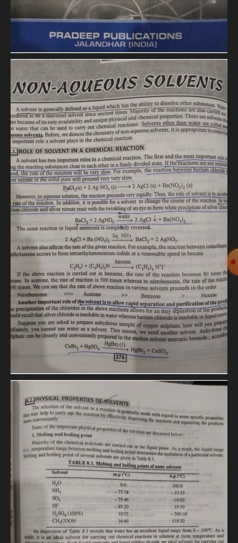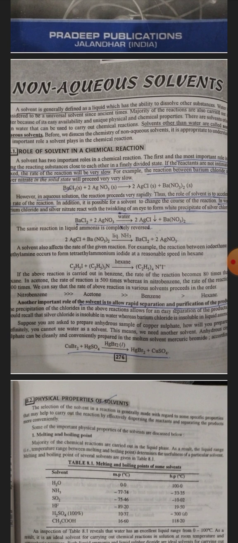Before we discuss the chemistry of non-aqueous solvents, it is appropriate to understand the important role a solvent plays in a chemical reaction. Roles of solvent in a chemical reaction: a solvent has two roles. The first and most important role is to bring the reacting substances close to each other in a finely divided state.